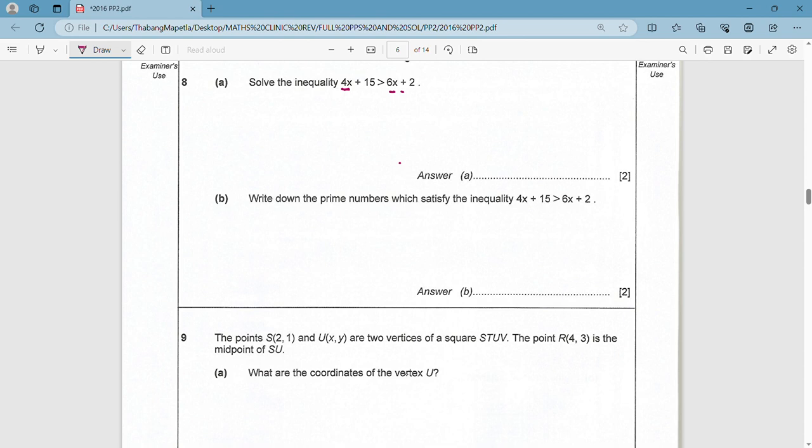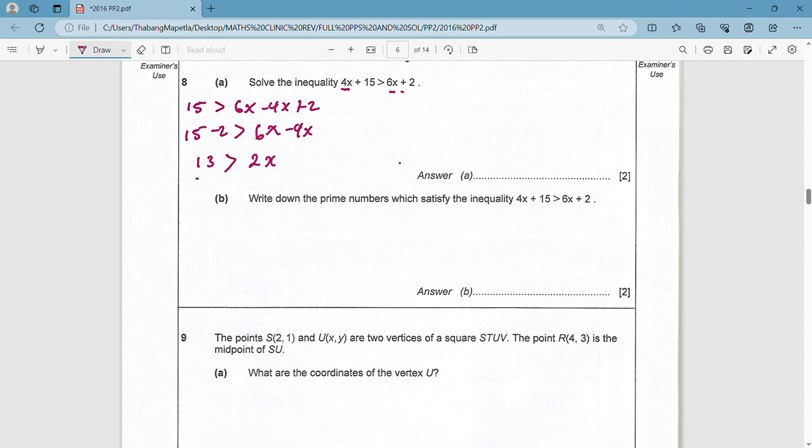Then the result is 15 is greater than 6x minus 4x plus 2. Then you take 2 to the other side, minus 2, minus 2. So then we have 15 minus 2 is greater than 6x minus 4x. So 13 is greater than 2x. Then divide everything by 2.